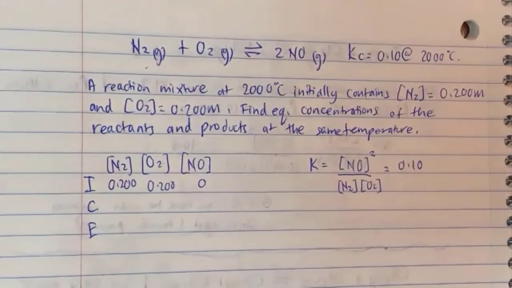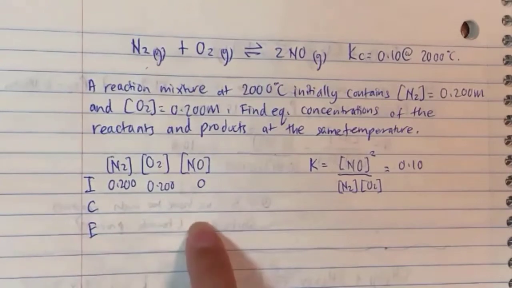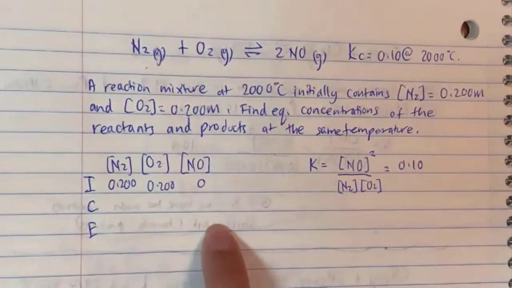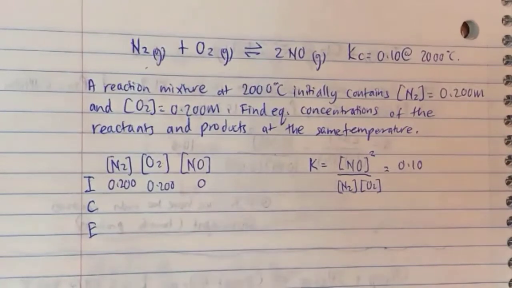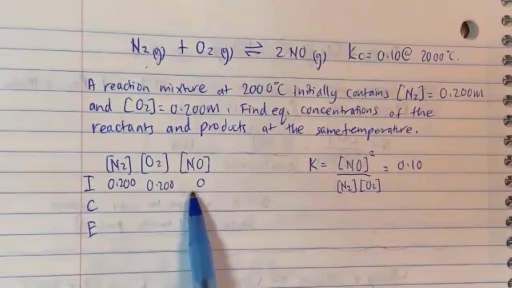Now, the next part is, in the earlier question, you'd have one of these guys down here, and then you can back calculate the change. But now we don't have any of these. But I did teach you how to predict the direction of change if you took Q and compared it to K. If this is the K formula, my Q formula is exactly the same using these numbers, agree? So what's my Q here?